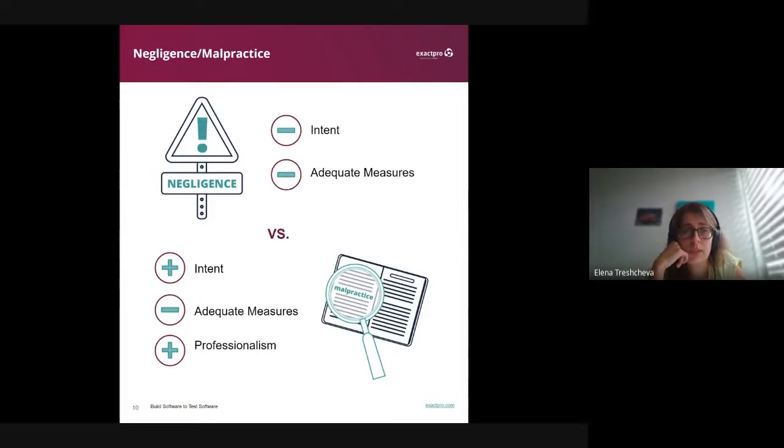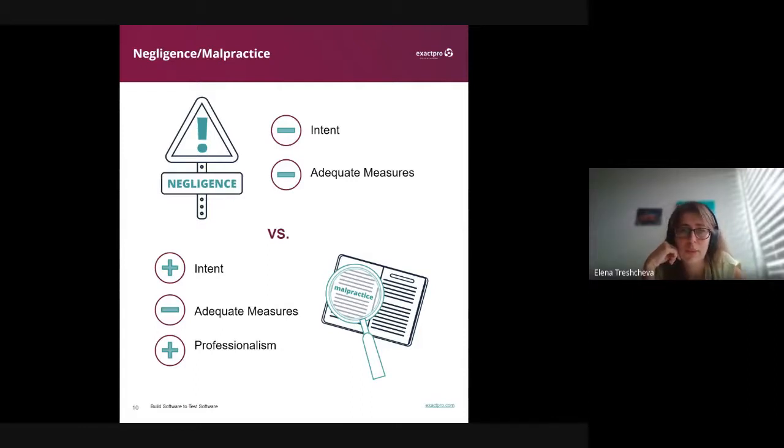When you are negligent, you just do not anticipate the bad outcome of not taking adequate measures. And when we are talking about malpractice, you actually know that what you are doing is not enough, but still you hope that doing whatever you do is okay, and this will not lead to bad consequences on their own, but the bad consequences are inevitable in this case.